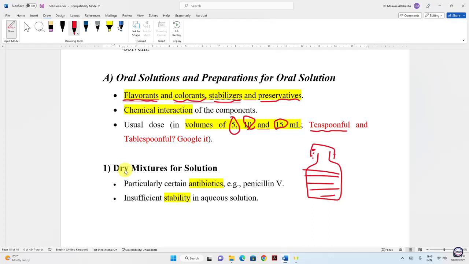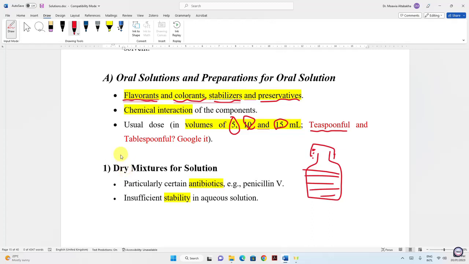That means add to it the proper solvent, with a certain volume, or up to a certain volume, shake it and make sure that the material dissolved, and then it becomes a solution for consumption.